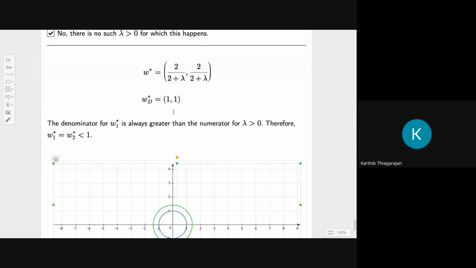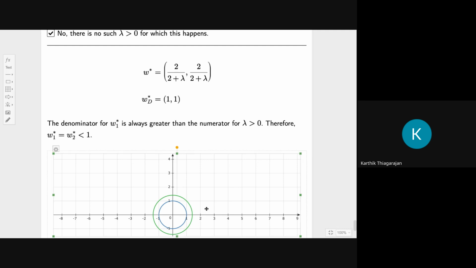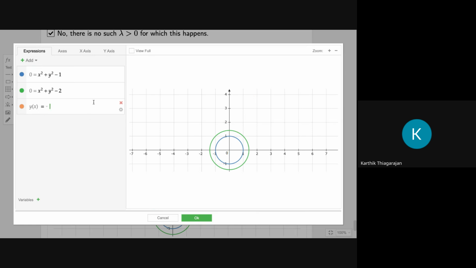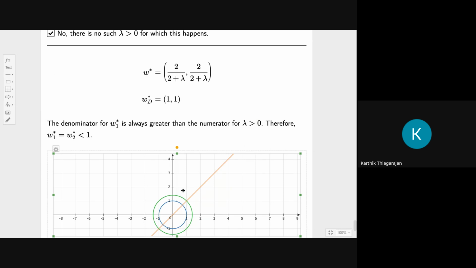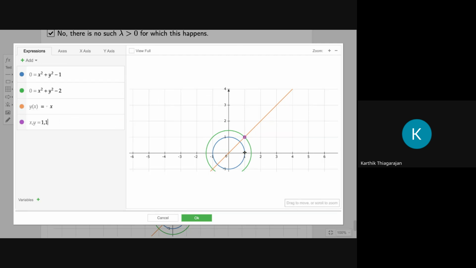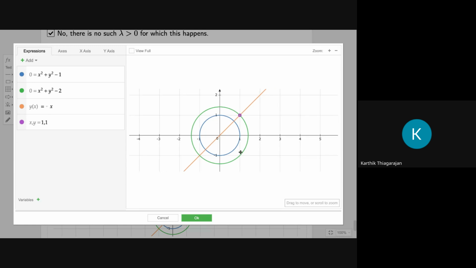Both these solutions lie on some line. What is the equation of that line? Both these points are going to lie on the line y equal to x, right? So let's add 1 comma 1. Interestingly, it lies on that circle. So this is where 1 comma 1 will be.